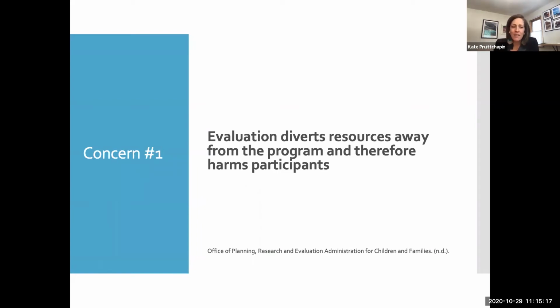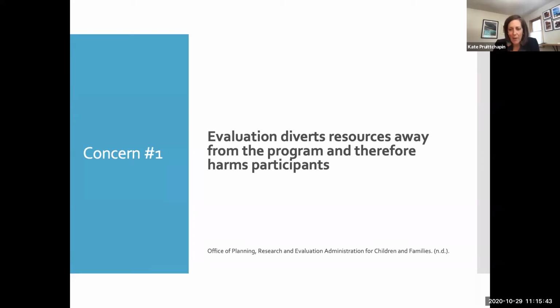So a common concern is this idea that evaluation is diverting resources away from the program, and therefore it harms participants, right? This is the concern that you're already operating on a shoestring, and if your staff is doing this, then how are your participants going to be harmed or impacted by these evaluation efforts?